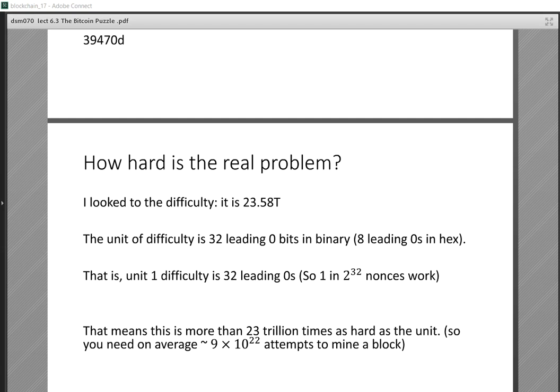So we need another lecture to finish the mining process, to finish how a block is created. I must explain what information is inside the block. As you know, each block contains some transactions.